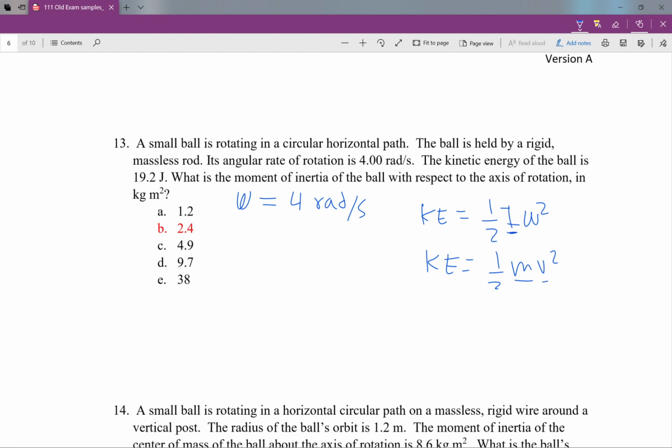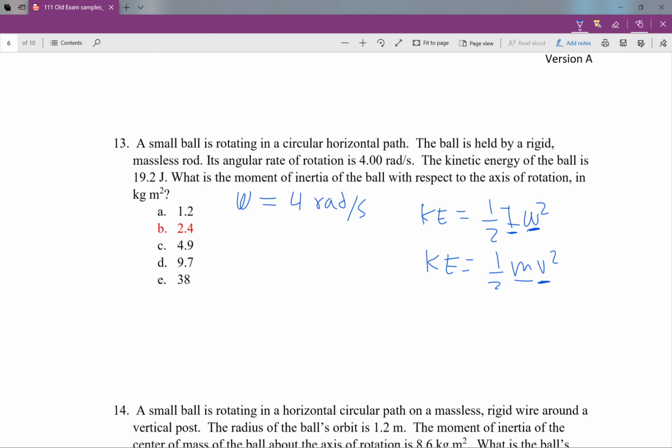In this case, I is basically the analogue of mass, so it's a resistance in motion. That's what inertia means. And the angular velocity is analogous to linear velocity.